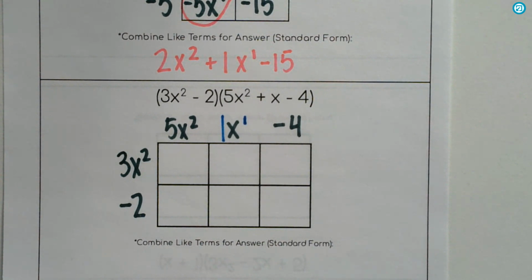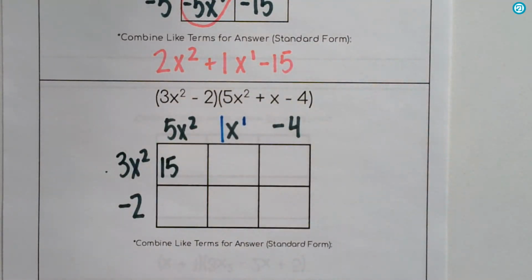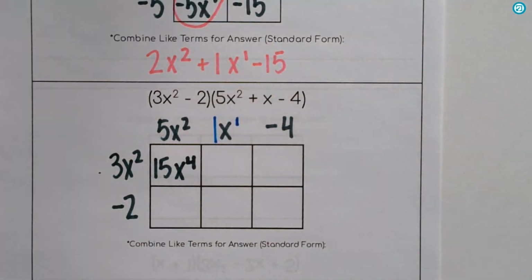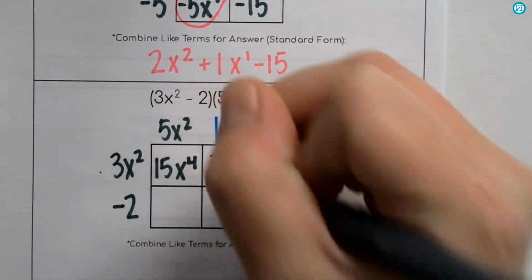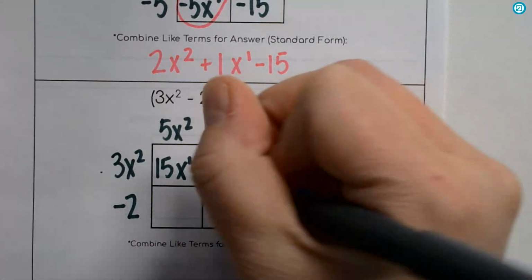And then we can start filling it out from there. I like to do my top row first. So 3 times 5 is 15. Add my exponents. 2 plus 2 is 4. Three times 1 is 3. 2 plus 1 is also 3.